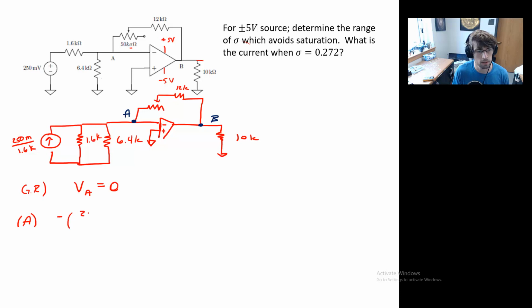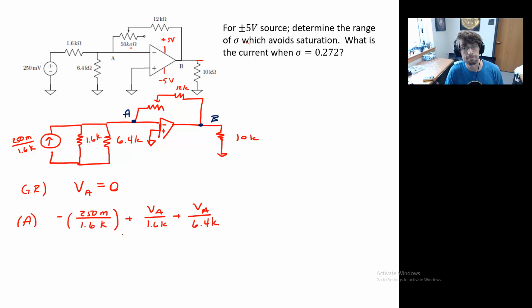And we have the 250 milli divided by 1.6 K. Then in addition to that, we would have something like VA over the 1.6 K. We would have VA over the 6.4 K.